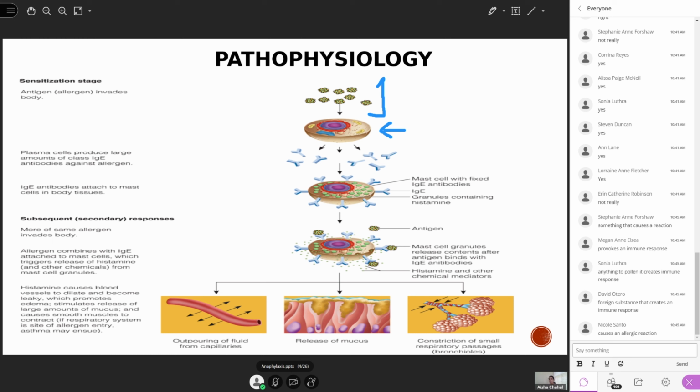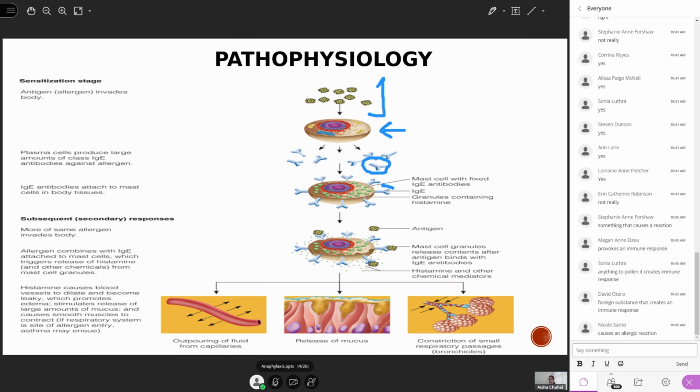So the antigen comes, it goes inside, it attacks the cell, okay? And the cell forms antibodies. These white things are the antibodies, and it says here, antibody, IgE. So antibodies are formed in response to the antigen, okay?